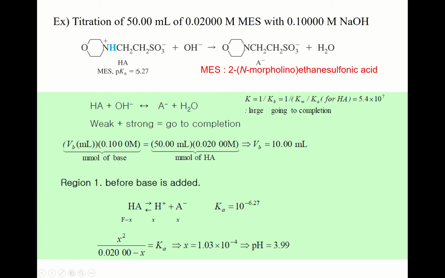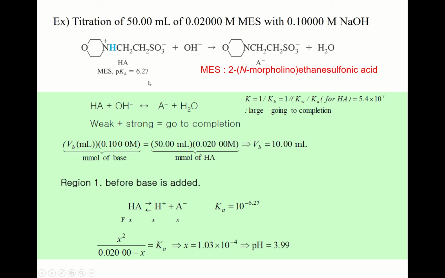Let's consider the pH change as we add this strong base. First, what we have to do is calculate the equivalence point. In other words, how many milliliters should be added to the solution to reach the equivalence point.